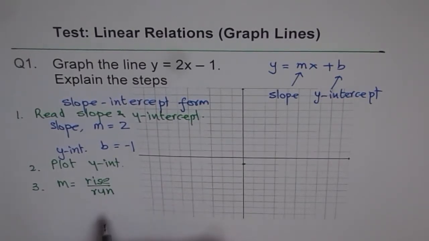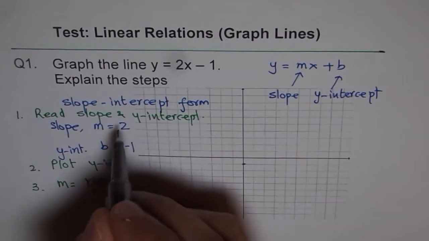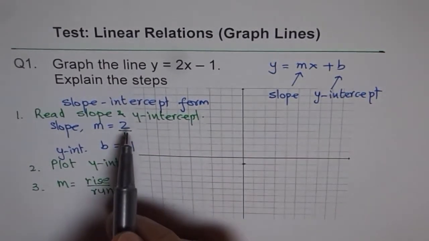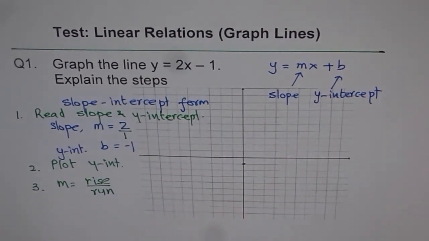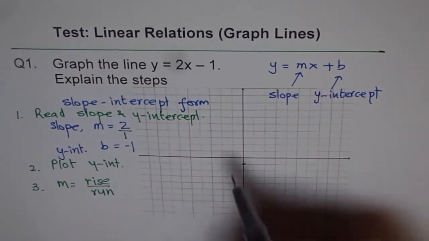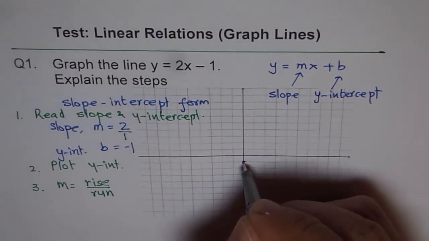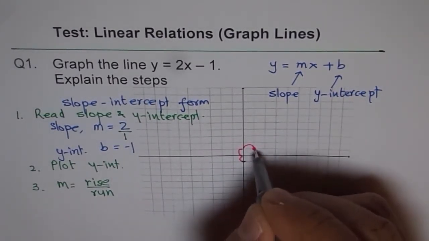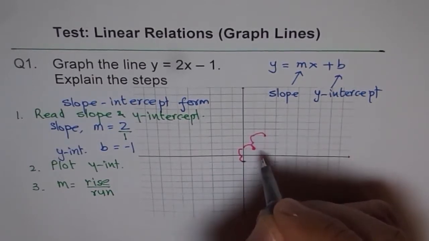So how much of rise and how much of run? So 2, if you're given, it is like 2 over 1. So in this case, rise is 2 and run is 1, correct? So from here, go rise 2, and run is 1. Get the next point.